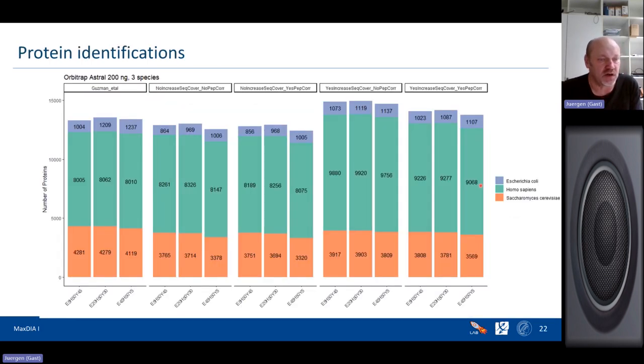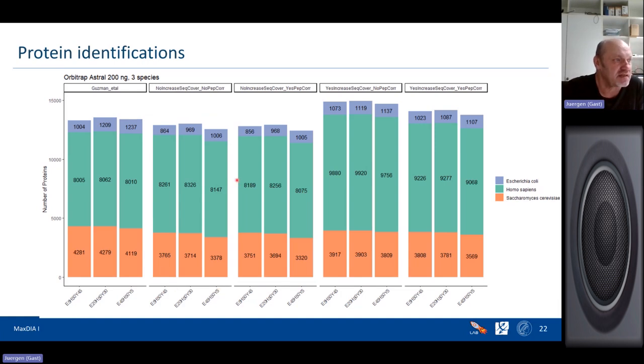Just looking at the number of identifications, you can see that we're doing pretty well in comparison to the reported results in the paper. The leftmost ones are the identifications from the paper. The next ones here are our identifications.